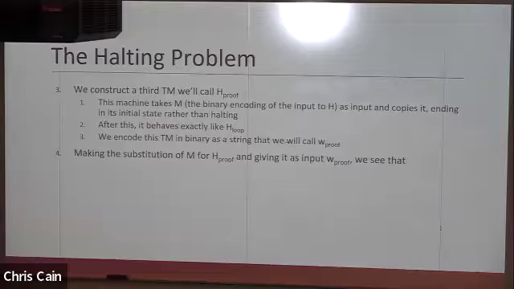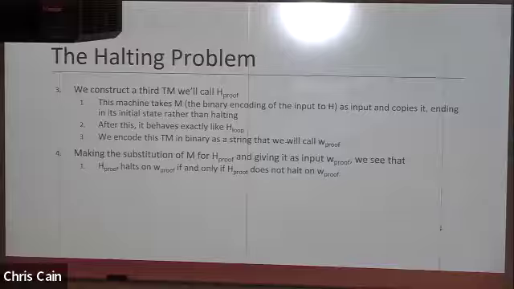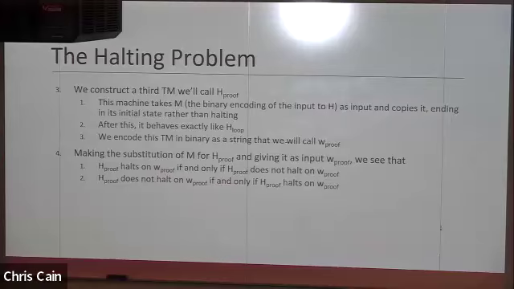And if we do this, we see that H proof halts on W proof if and only if H proof does not halt on W proof. And H proof does not halt on W proof if and only if H proof halts on W proof.